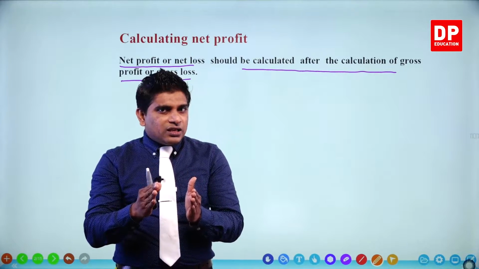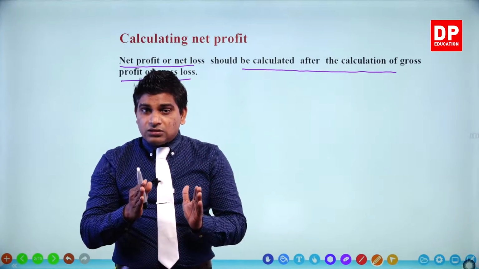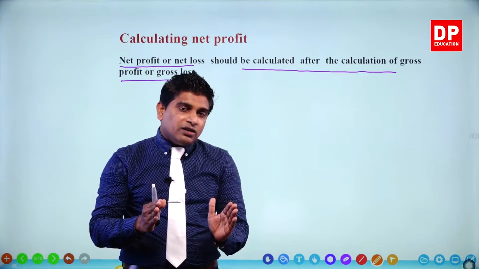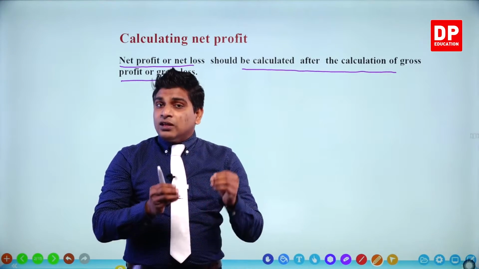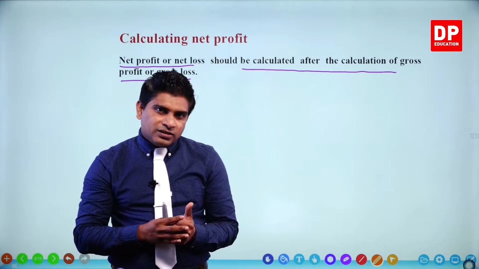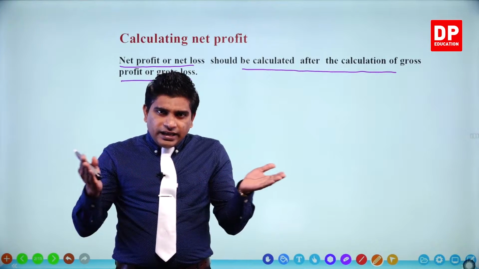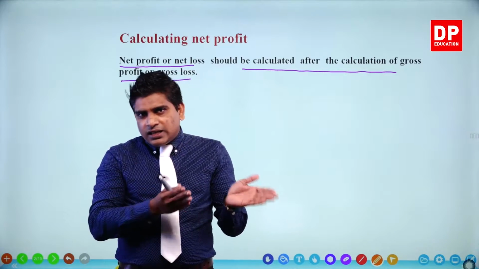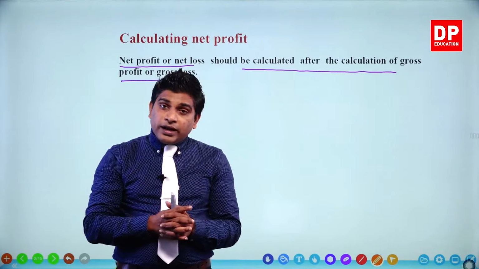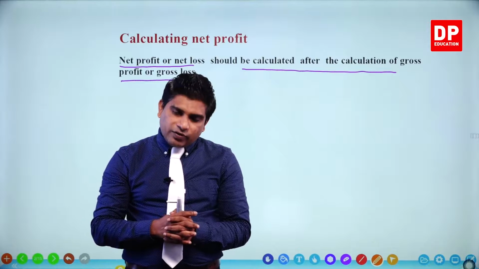That's why at the beginning we found the method: from the sales income you subtract cost of sales, then you can find gross profit or gross loss. After that, are there any other income in the business? Under the gross profit, we write them one by one, and we now know how to calculate other income also. Now we move to calculate net profit.